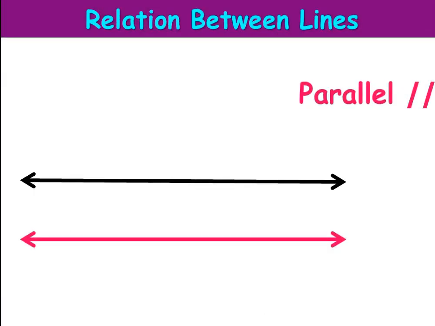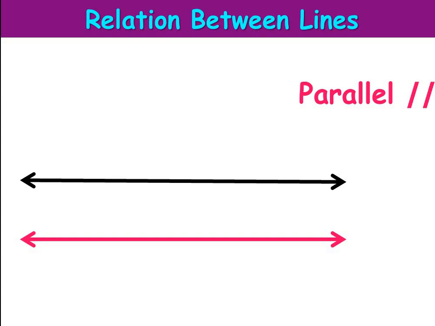So if this is the line, and this is another line taking this form, we call this relation a parallel relationship. So we say that those two lines are parallel to each other. This means that the two parallel lines never meet at a point.